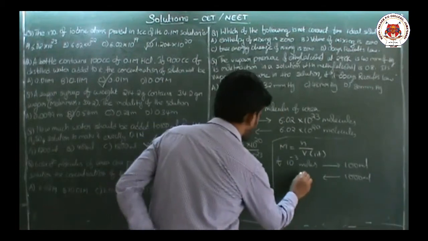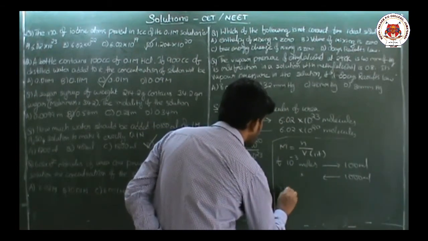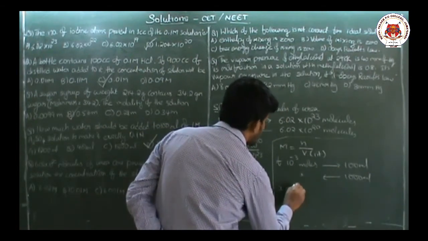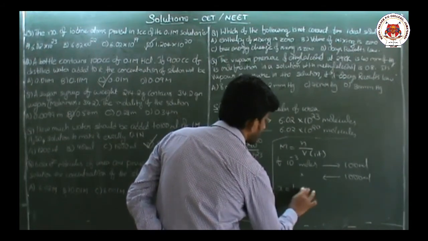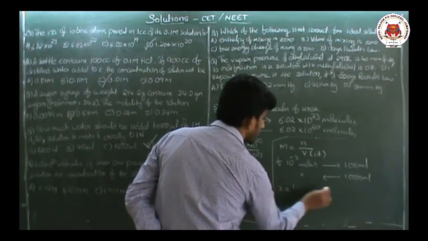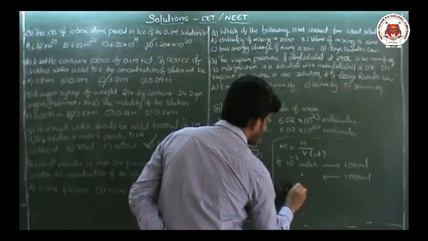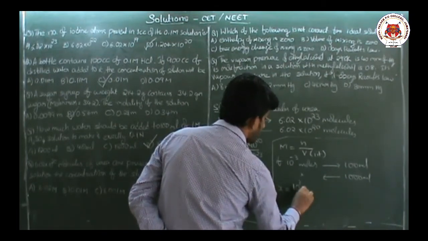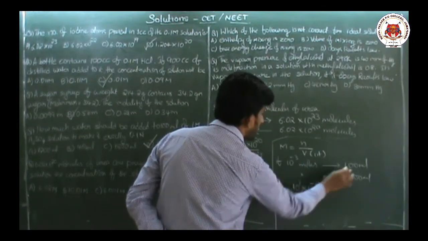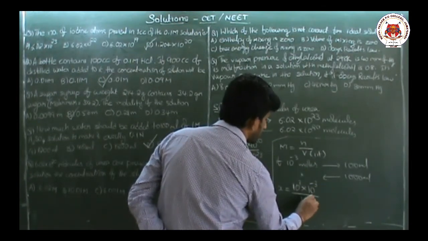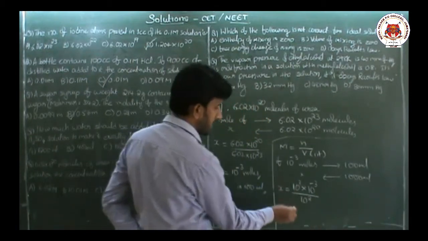Okay, this is x. Then this is equal to 1000, that means 10 power 3, into 10 power minus 3 divided by 10 power 2. 10 power 2 plus 3 minus 3 goes.